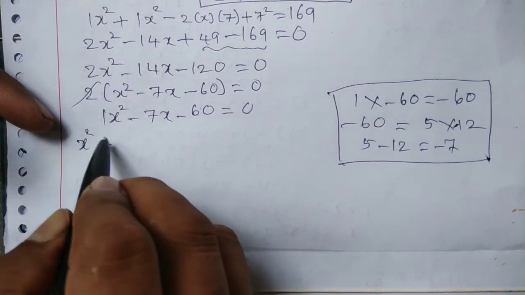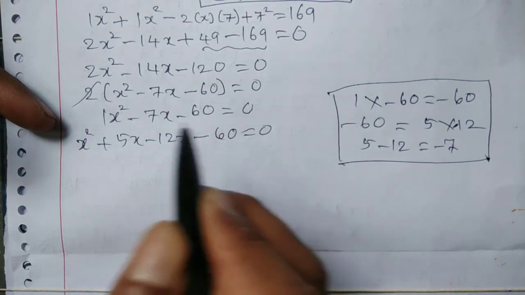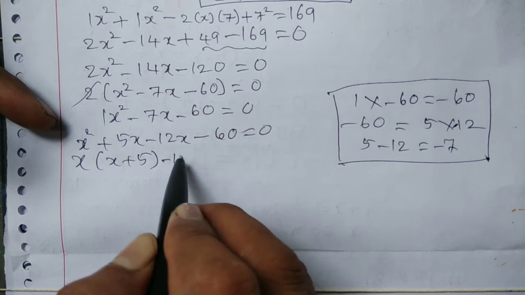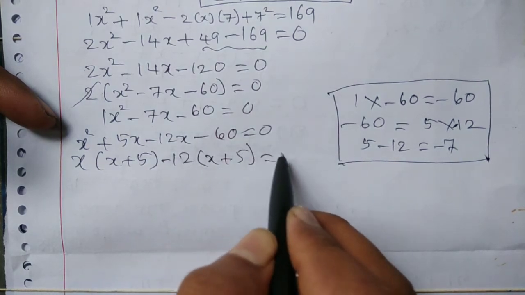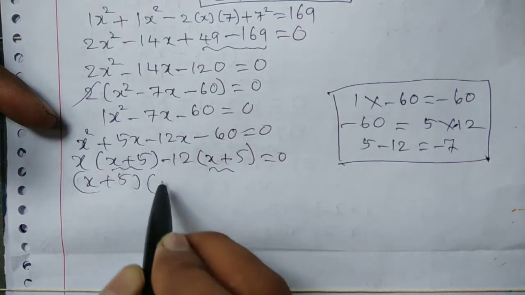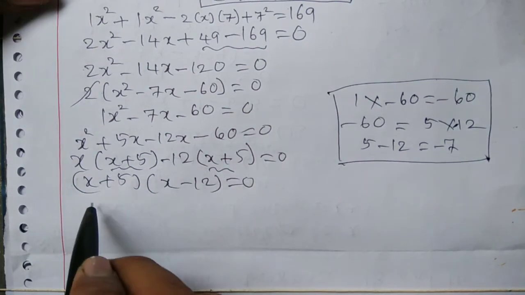Therefore, x square plus 5x minus 12x minus 60 is equal to 0. x is common, x plus 5. 12 is common, x plus 5 is equal to 0. x plus 5 into x minus 12 is equal to 0.